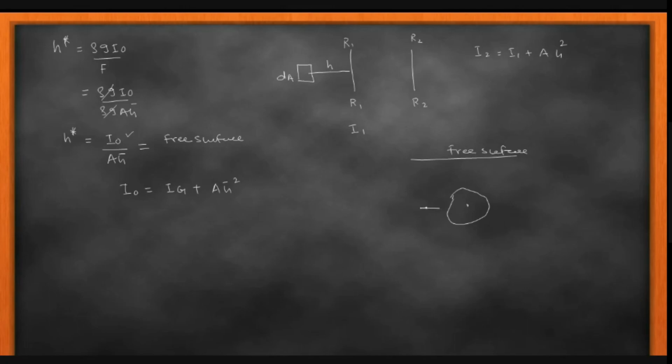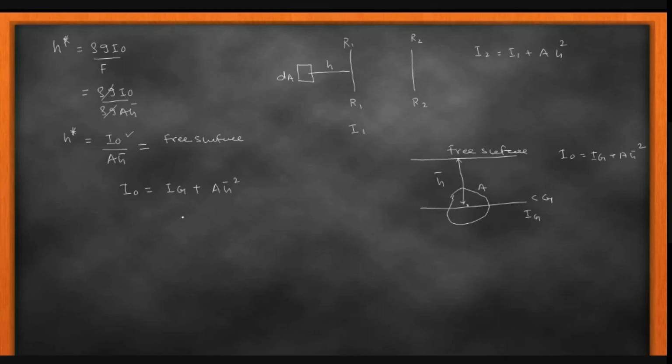I draw one line passing through the CG. Moment of inertia about CG is IG, the area of the surface is A, and the distance between the free surface and the CG is H cut. So according to this, about the free surface, I2 equals IG plus A H cut square.